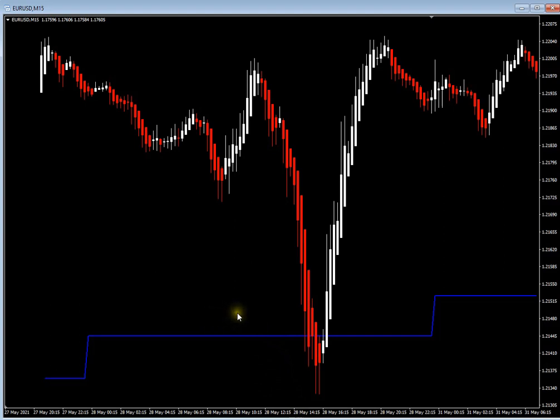So here we are then. You can see up here the Euro USD 15-minute chart. So I'm going to show you the first setup, and then as I do this you'll see the strategy and how it works.